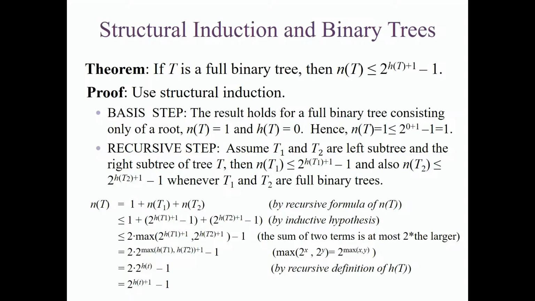That's from the recursive step of the definition of the total number of vertices of the tree T. Then we can apply the inductive hypothesis, because n of T1 is less than or equal to this number, and n of T2 is less than or equal to this number.